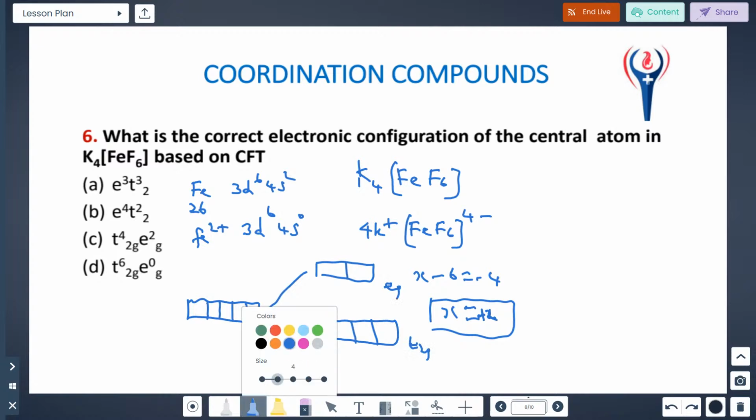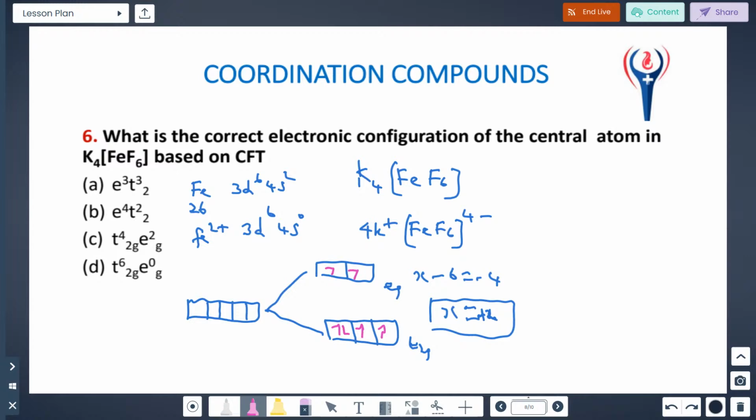Now we have to fill up the electrons. Because it is a weak ligand, we can fill up all of these. So how to fill up here? 1, 2, 3, 4, 5, 6. Understood? Okay.